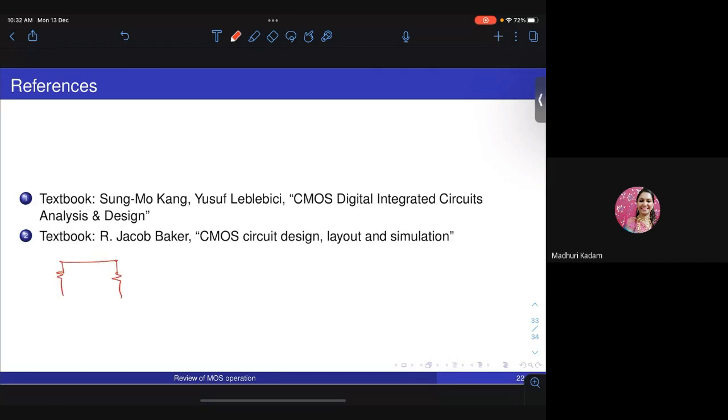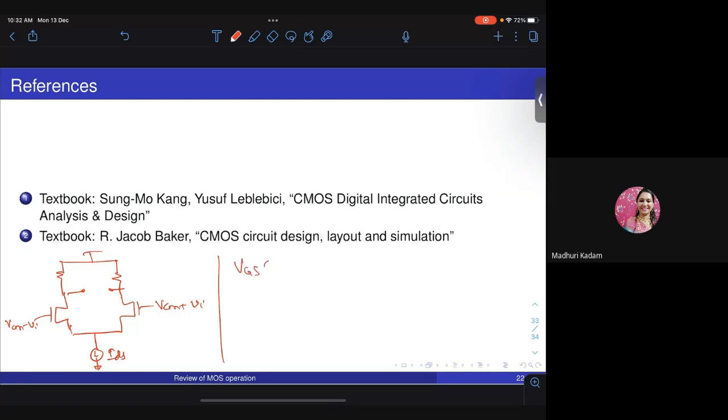If I have a differential amplifier in which IDS is this, and I apply my VCM plus V in here and VCM minus V in here, and I'll get my output voltage. Now if I want to find the transconductance of the transistors in this circuit, then what will I do? Which equation will I use?